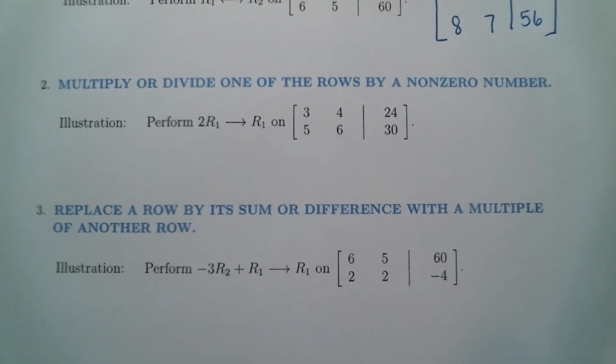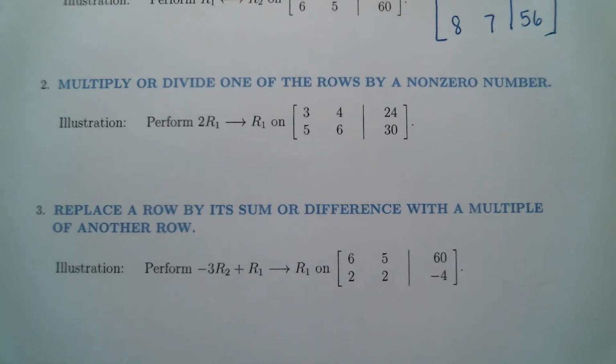Okay, next thing, number 2, you are allowed to multiply or divide one of the rows by a non-zero number, okay? Multiply or divide one of the rows by a non-zero number.